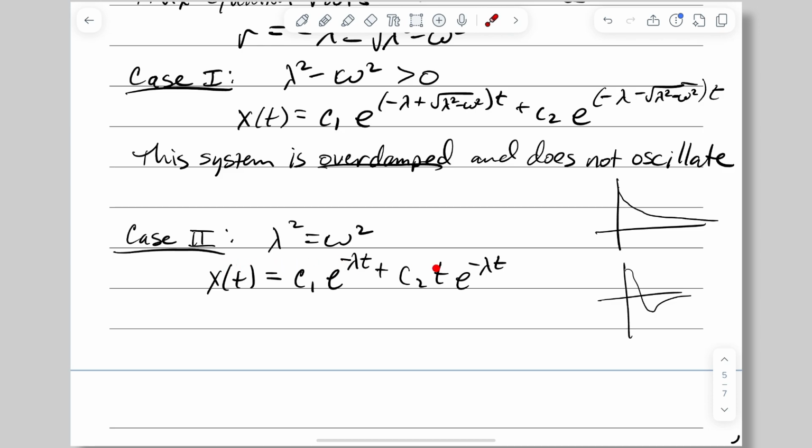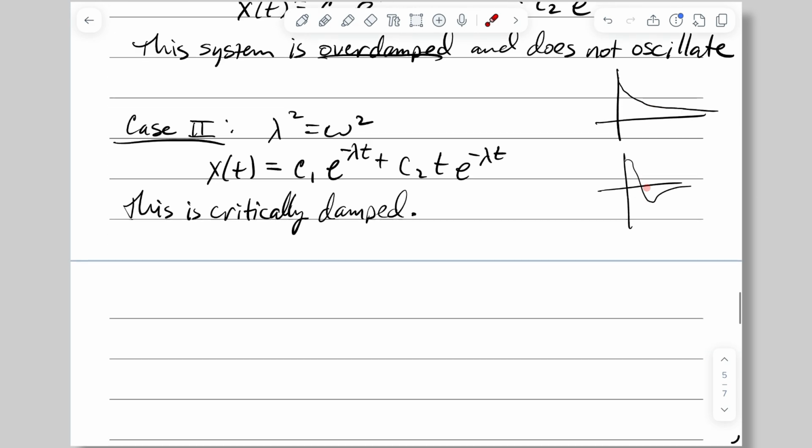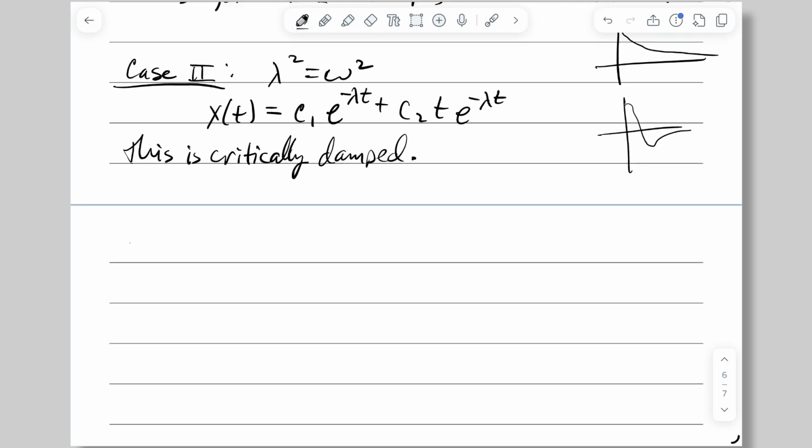You can think of this as a delineating case. You've got case 1 where it's overdamped. This one's called critically damped. And again, the system could cross equilibrium at most one time. It's really what would separate case 1 from case 3.